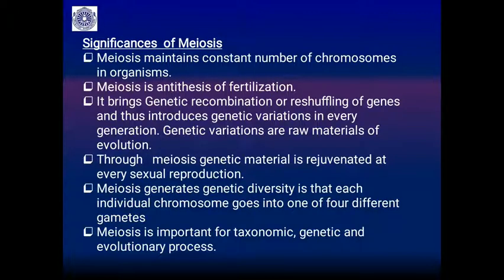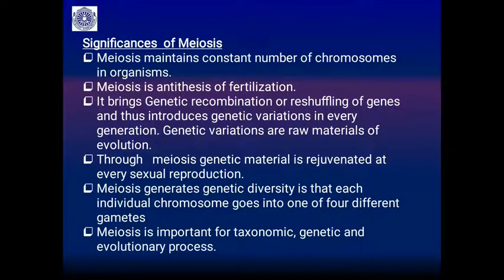The essence of meiosis is that it maintains the constant number of chromosomes in organisms. Meiosis is an antithesis, an opposite process, of fertilization. It brings genetic recombinations and reshuffling of genes, thus introducing genetic variations in every generation.